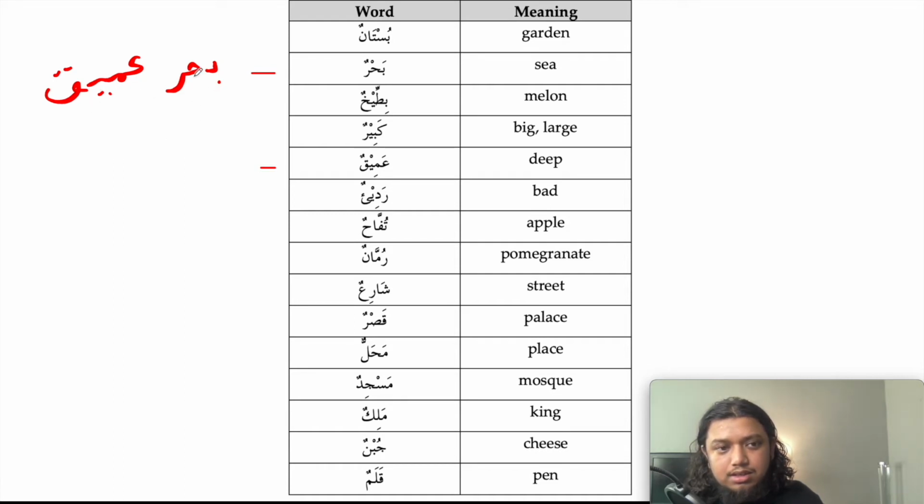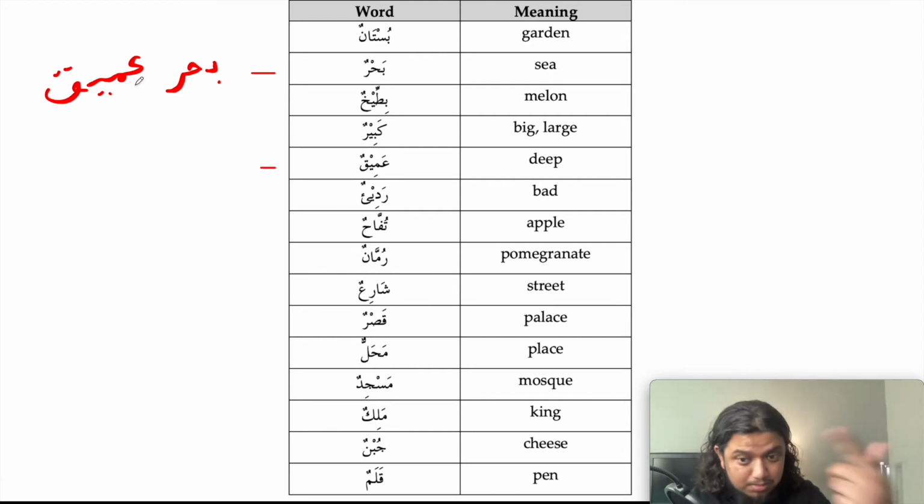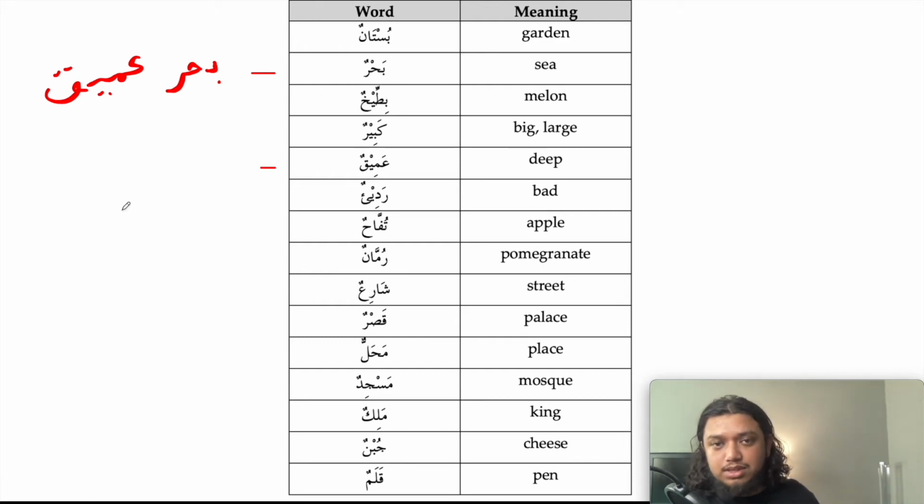The amiq, meaning deep, is saying that the sea is deep. This is murakkab tawsifi. The only reason why I'm stuttering a little bit is because this specific example has just come up out of the blue. I didn't plan this, but as I was reading it, I just noticed Bahrun Amiq is the perfect example of a mawsuf sifah combination.